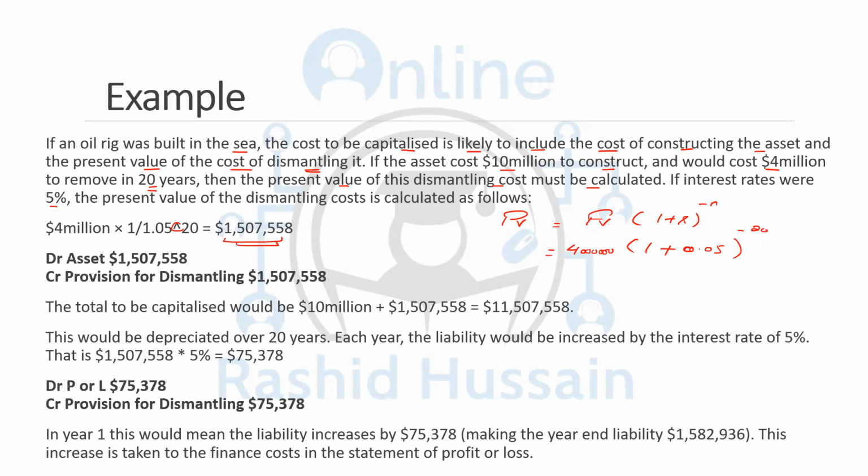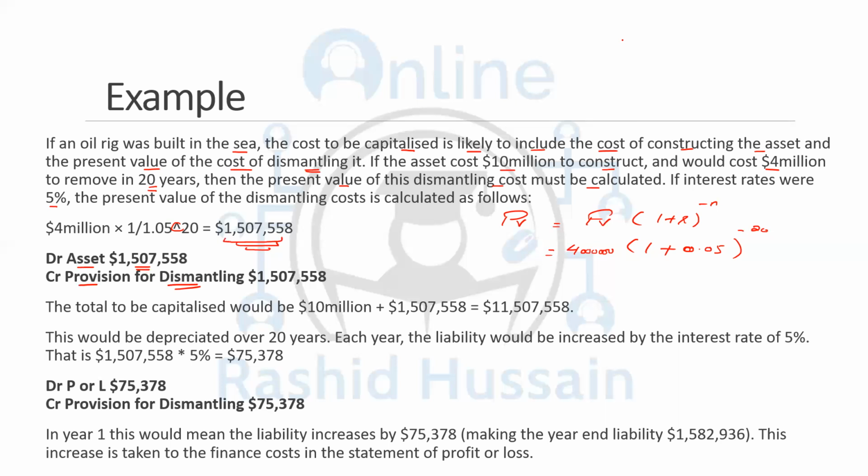The future value of the obligation is 40 lakh, but we cannot record that figure right now because it would be misleading. So you're going to use the present value of that obligation, and debit the asset with the present value of 15,07,558, and the credit entry goes to the provision for dismantling.